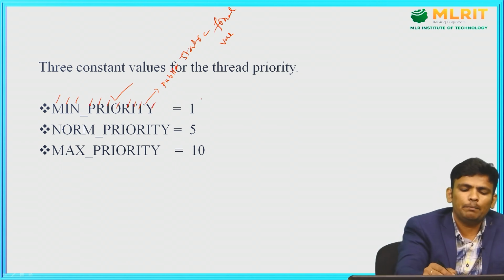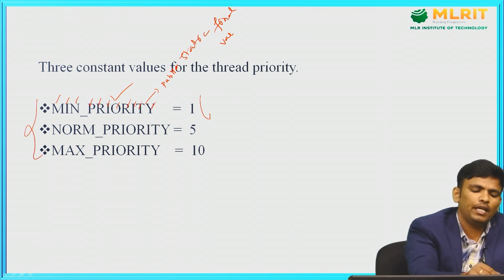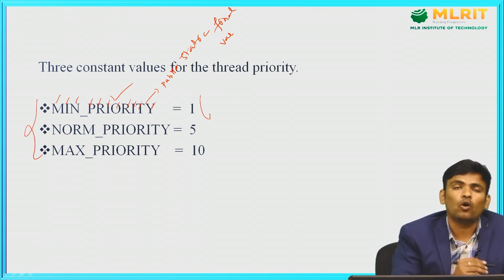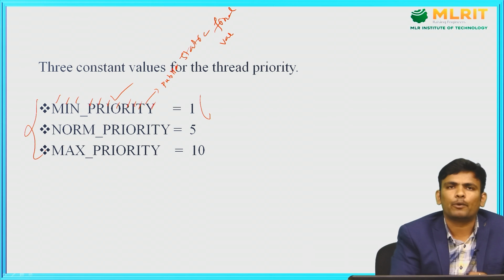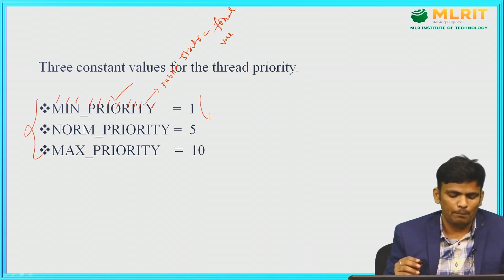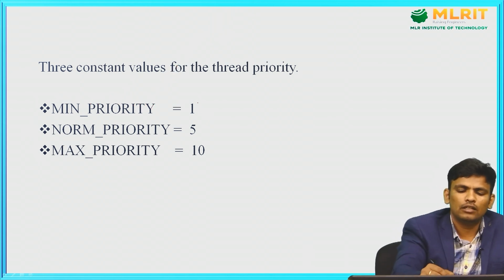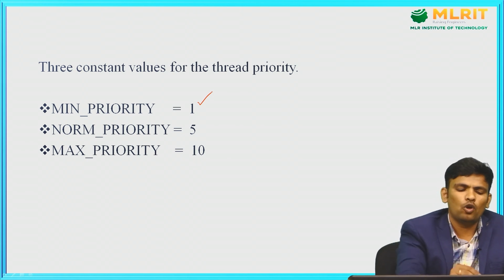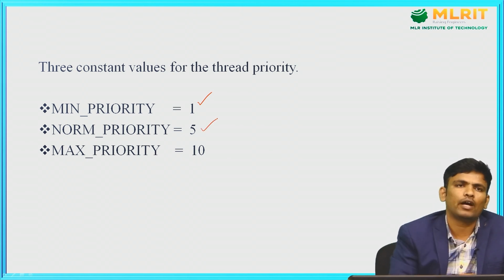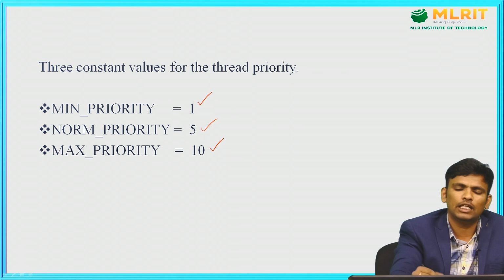Compulsorily, every character must be uppercase. These are the predefined constant variables for thread priorities. MIN_PRIORITY is 1, NORM_PRIORITY is 5, and MAX_PRIORITY is 10.